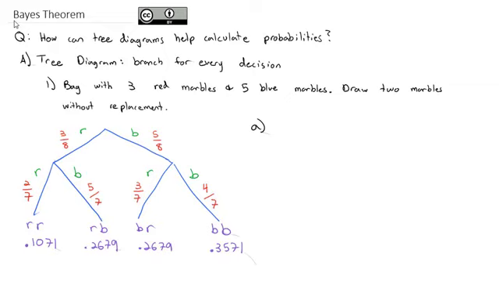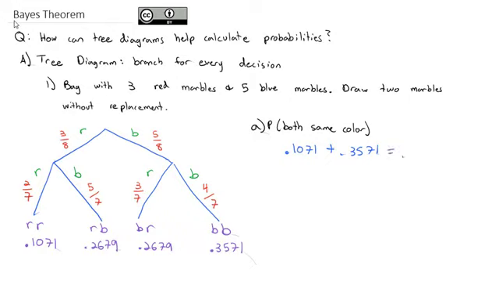And then we can use that tree to help us calculate various probabilities. For example, if I want to know the probability that both are the same, both are the same color would be either a red, red, which has a probability of 0.1071, or a blue, blue. So we'll add the 0.3571.